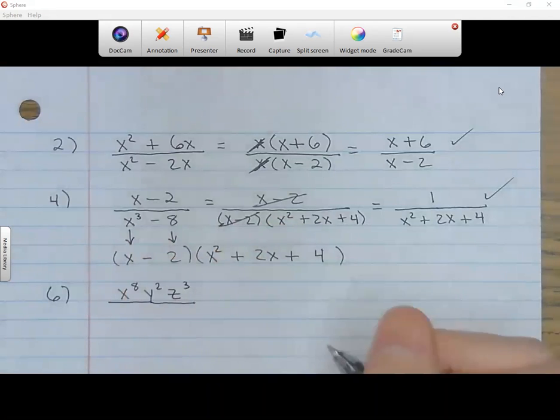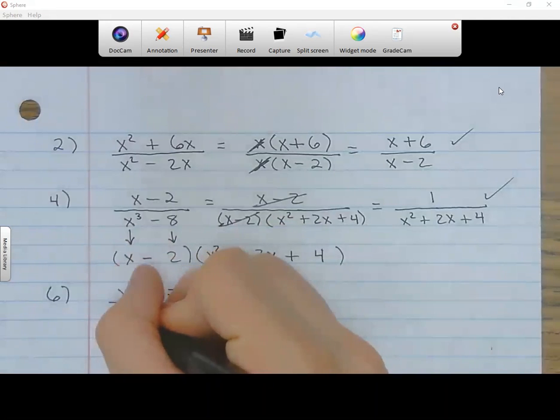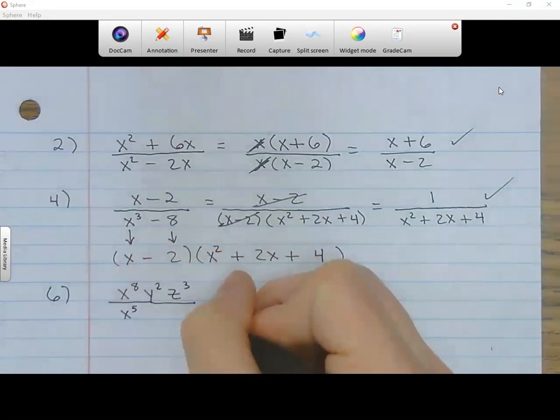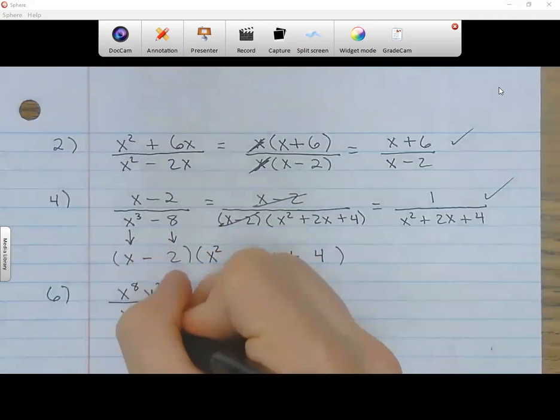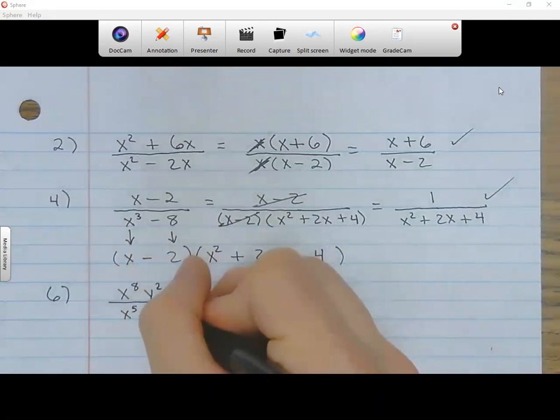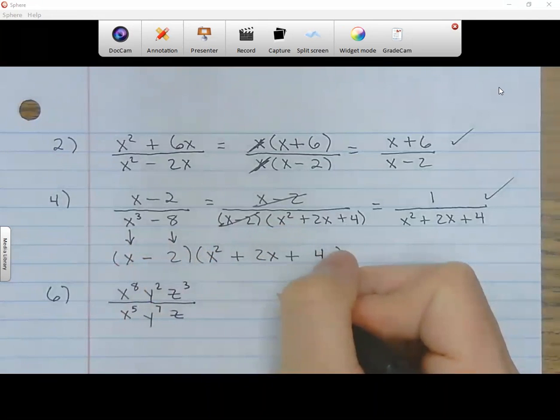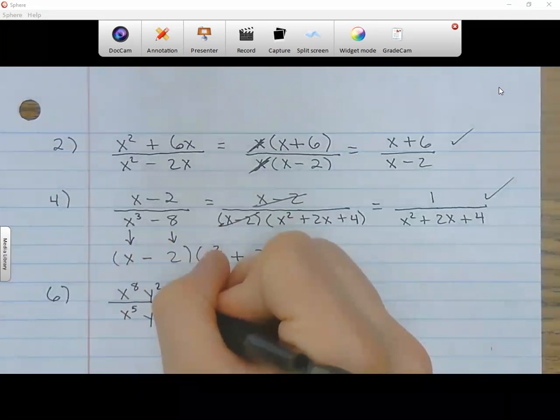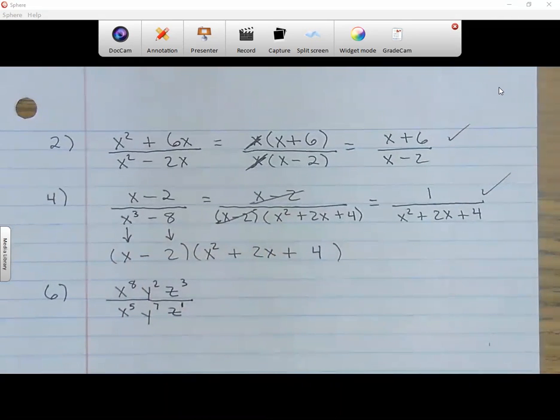On the bottom, I have 5 x's, 7 y's, and I only have 1 z. So you could write it like this, or you can write it like this with a 1 on top. That's the same thing. I only have 1 z, right?